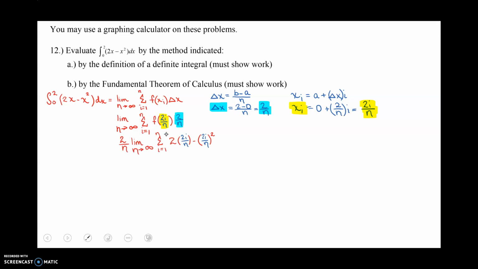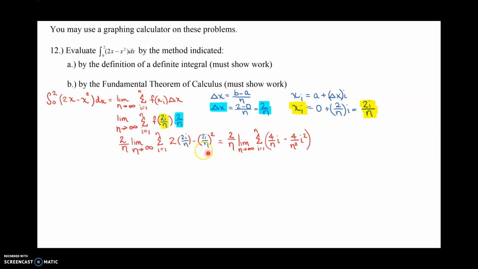And then f of 2i over n literally means put 2i over n in the place of x in the function. So I'm going to put 2i over n in the place of x and 2i over n in the place of x. So that would be 2 times 2i over n minus 2i over n squared. So that's what you see down here, 2 times 2i over n minus 2i over n squared.